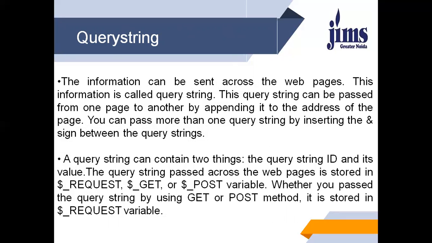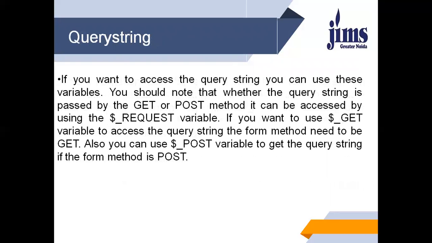The query string passed across web pages is stored in the $_REQUEST, $_GET, or $_POST variable. Whether you pass the query string by using the GET or POST method, it is stored in the $_REQUEST variable. If you want to access a query string, you can use these variables.